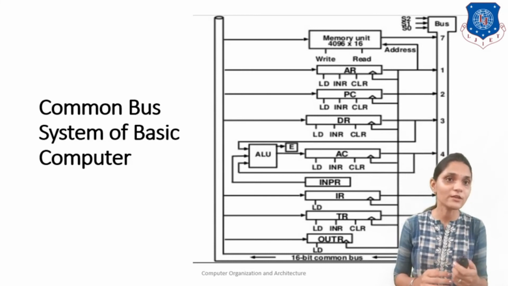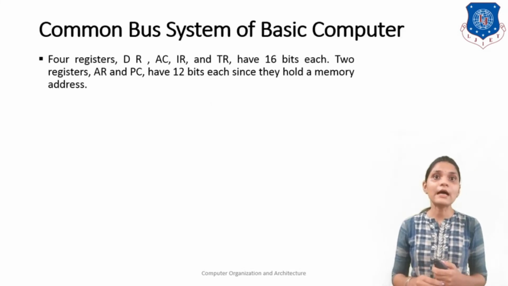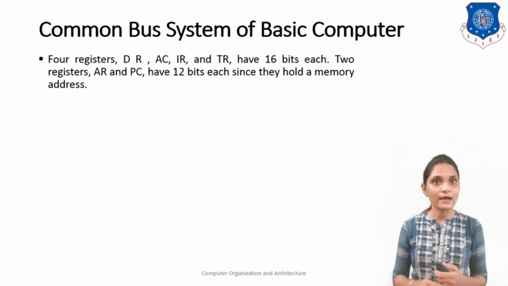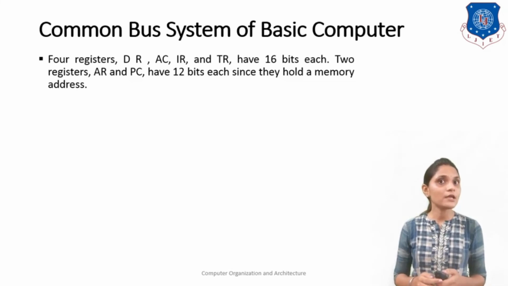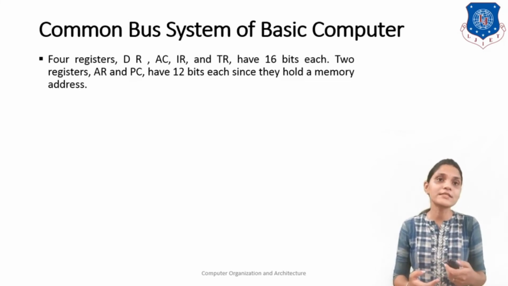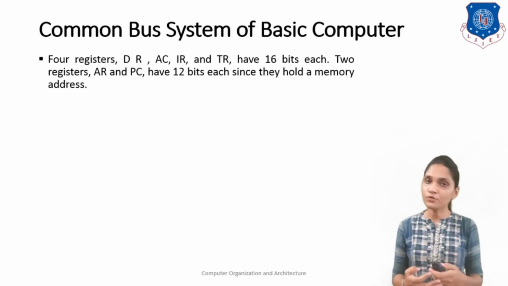Here the 5 registers DR, accumulator, IR and TR have 16 bits each. The 2 registers AR and PC have 12 bits since they are holding addresses, as AR holds the address of the operand and the program counter holds the address of the instruction. So each is of 12 bits.